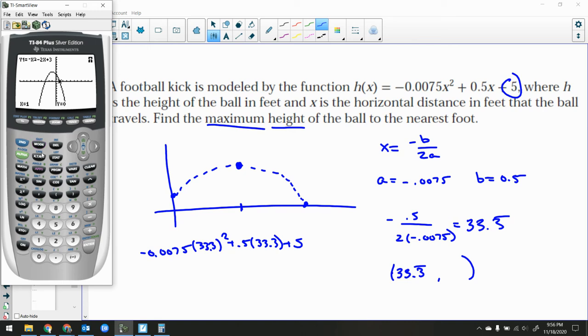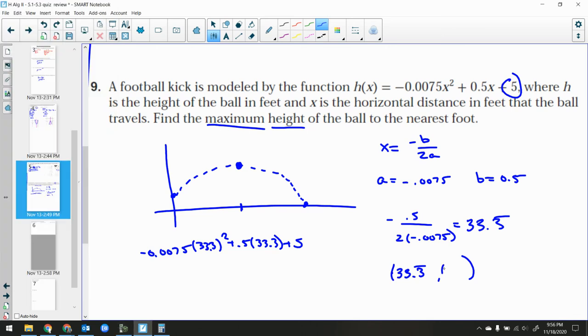Guess not. Okay, negative 0.0075 times 33 1/3 squared plus 0.5 times 33 1/3 plus 5. Okay. Yeah, bad kick. Very bad kick.